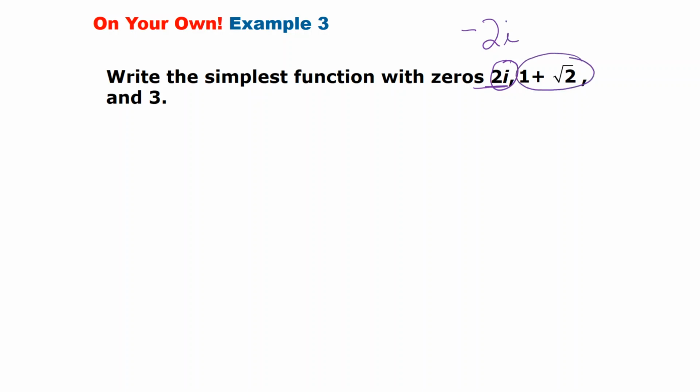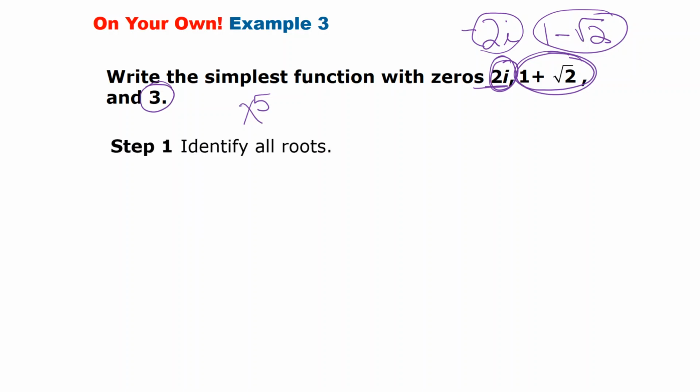And here we have 1 plus square root of 2, so we have to remember that 1 minus square root of 2 is also going to be a root. So in the end, we're going to have 1, 2, 3, 4, 5 zeros, which tells us that our highest exponent is going to be x to the 5th on the function that we write.